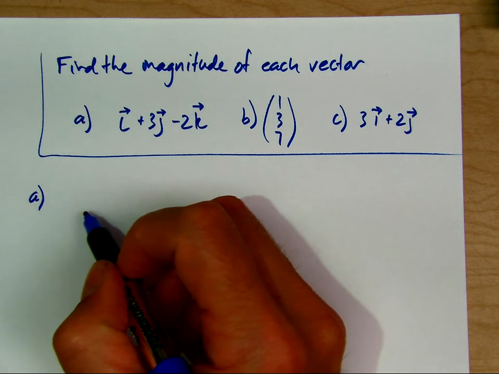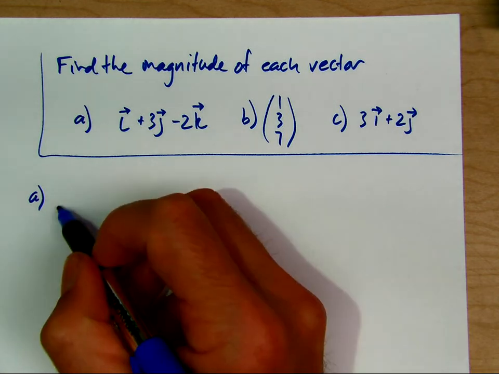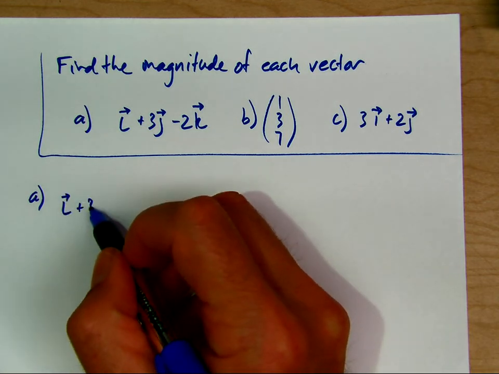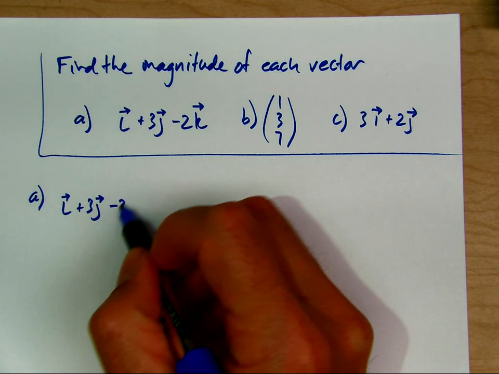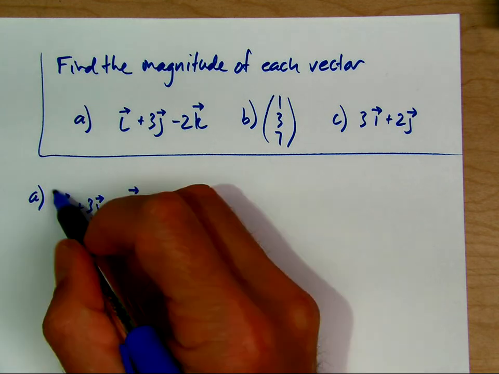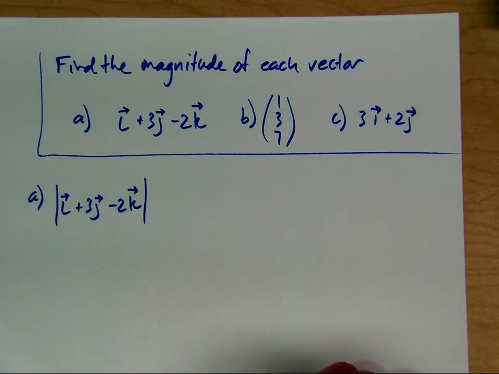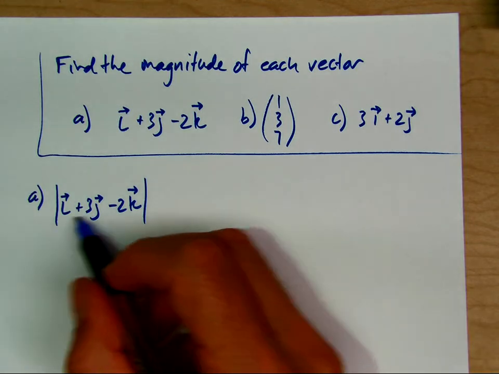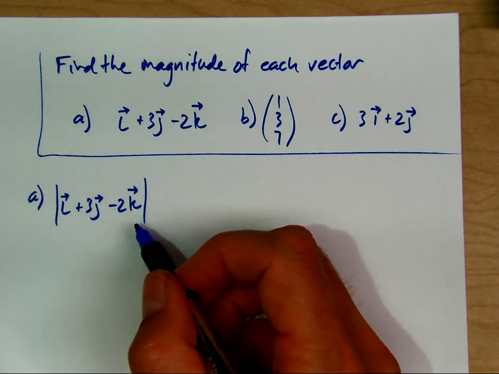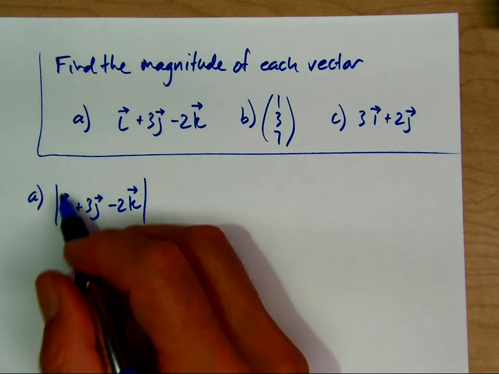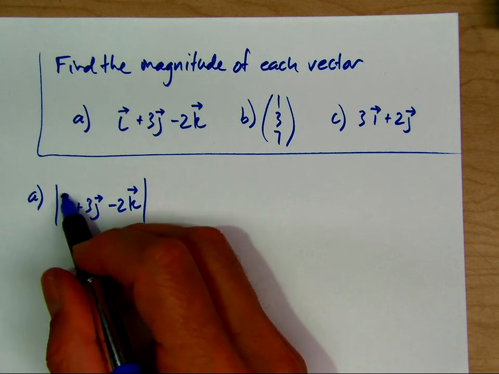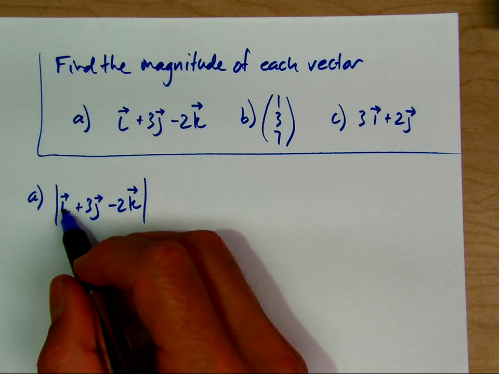So the notation for magnitude is the absolute value symbol. That'll give us magnitude, and so this is going to be 1, the coefficient of i, the unit vector i, is 1.